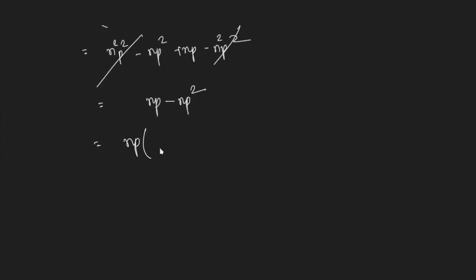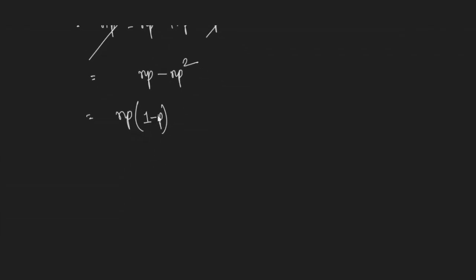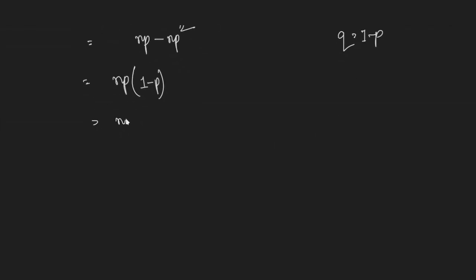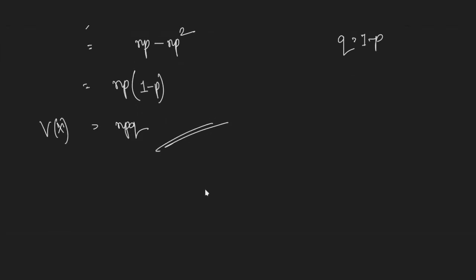Let's take np common, so it will be np times 1 minus p. If you remember, q is nothing but 1 minus p, so this is nothing but npq. So variance of x is npq.